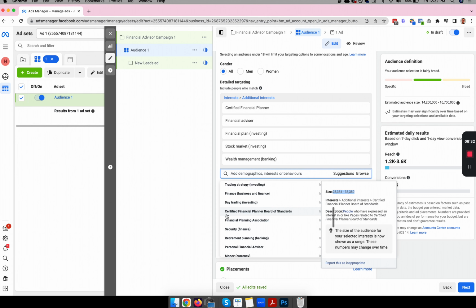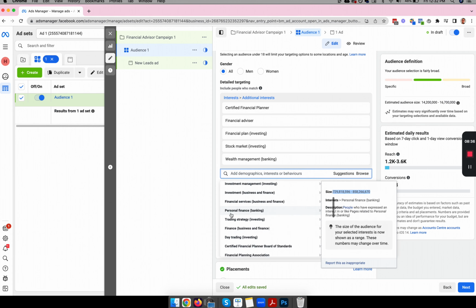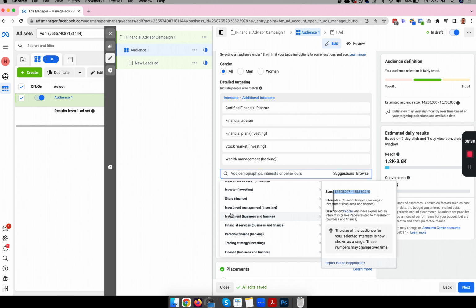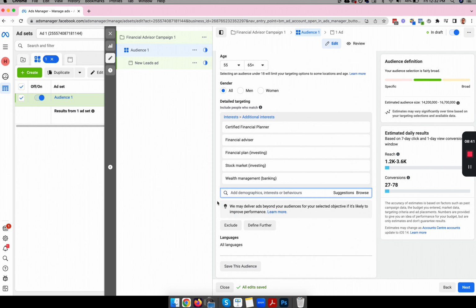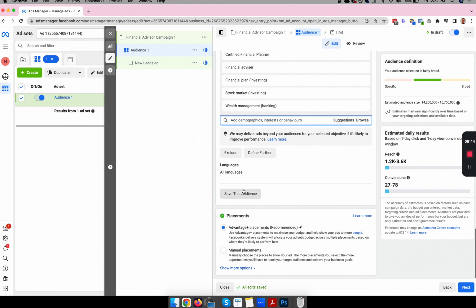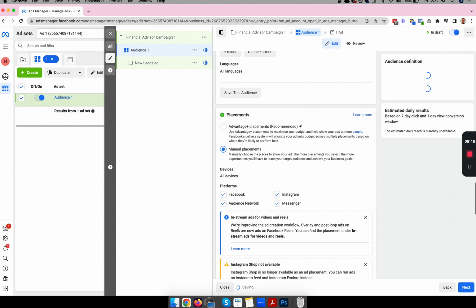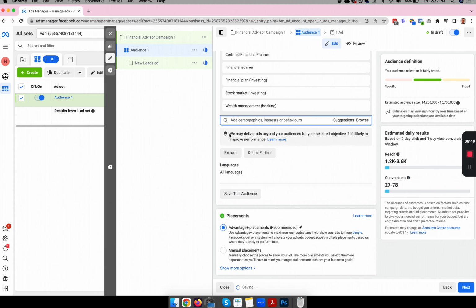So I would shy away from this, because it would just show your ads to financial advisors and not actually regular people. But the rest of them are okay. So this is kind of the filter that I go through in my mind when I'm choosing the audiences I want to target. All right. And then placements, just to keep it simple, I usually use Advantage Plus. I just let Facebook decide where they want to place it.